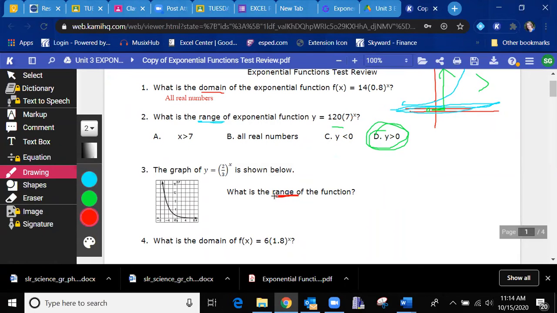So would y be less than 0? Well, here's the 0 on the y. Is it above there or below there? Above. It's above. So that one's above it, greater than 0. So when you see it above it, it's the greater than.